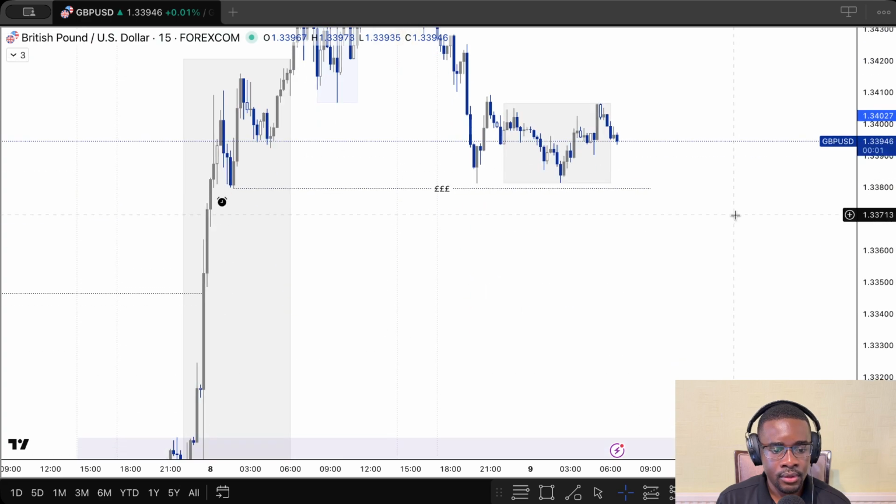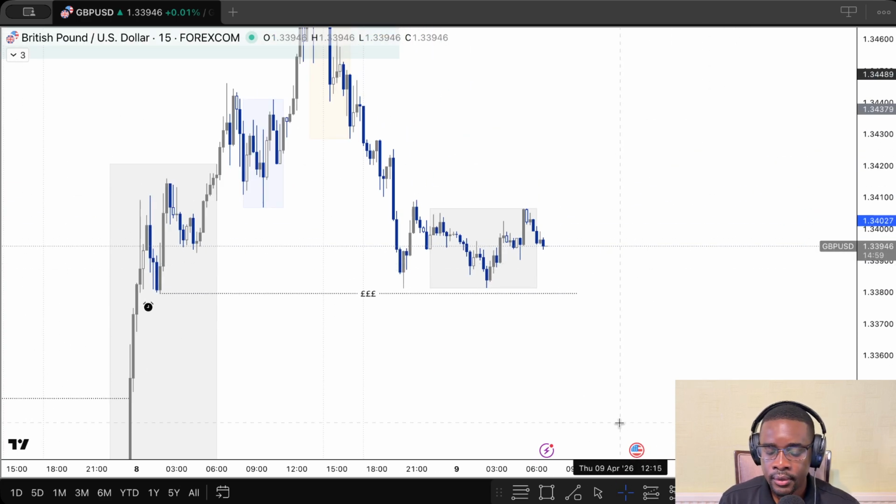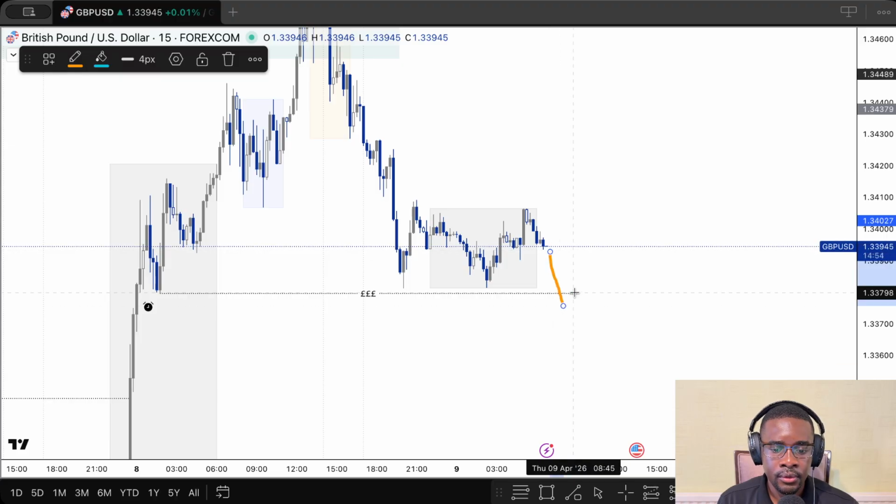So we have relative equal lows to target. Now it is possible price would come down, sweep these, have a bit of a reaction, maybe come up to these areas.